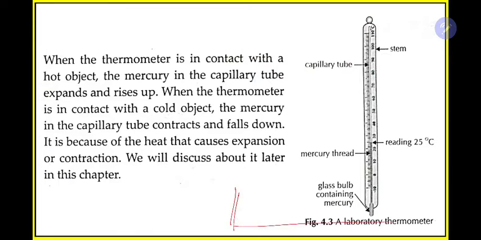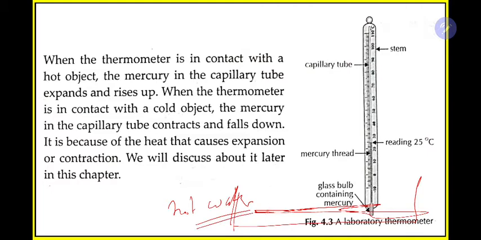For example, in this container we have hot water. Whenever you dip the mercury end of this thermometer in the hot water, what will happen? When the mercury comes in contact with the water, it will show some reaction. If it is hot water, it will expand. If it is cold water, the expansion will not be there.